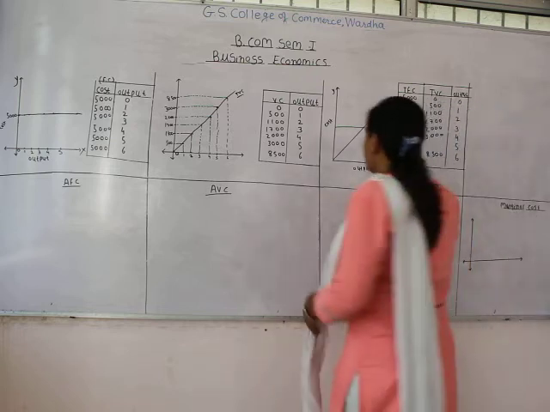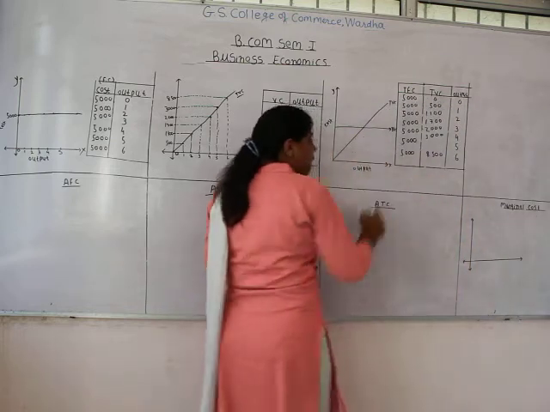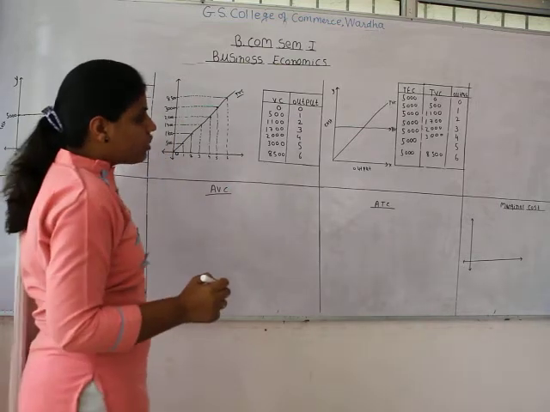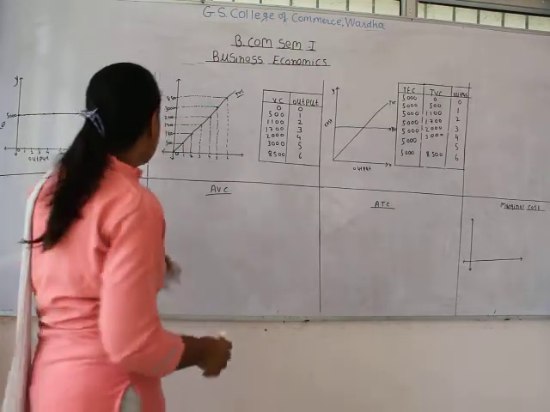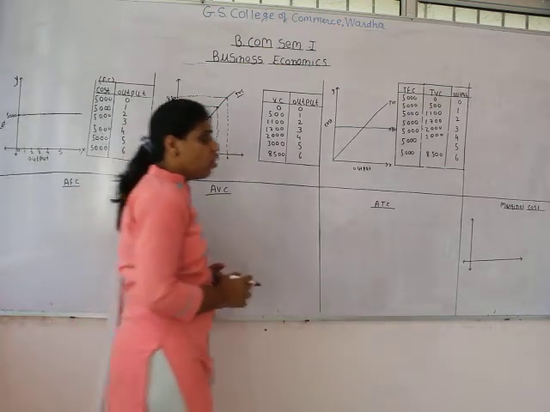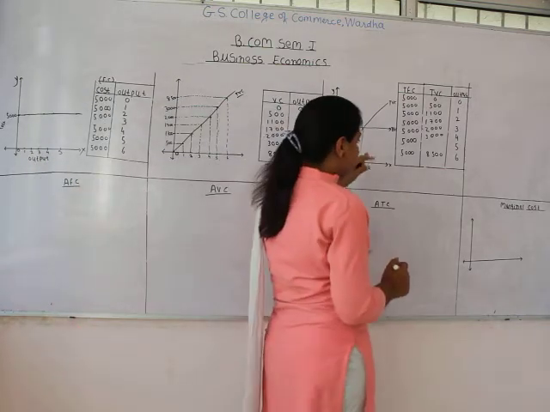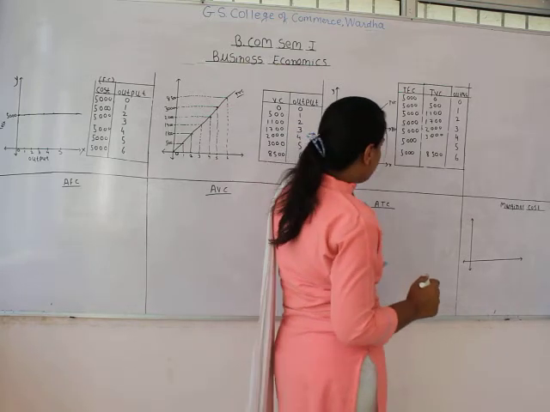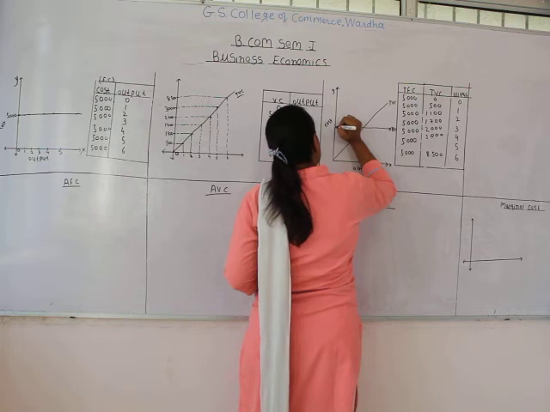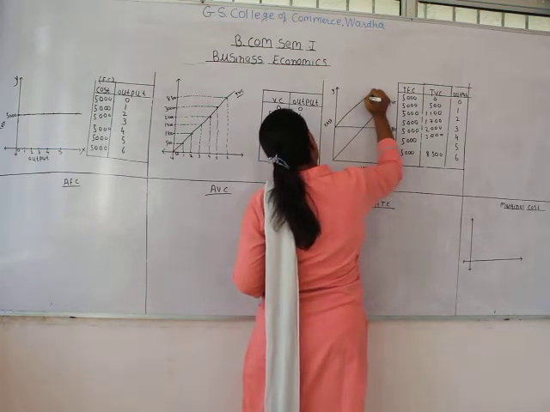See, the total cost curve consists of some portion of total fixed cost and some portion of total variable cost. That is why it can be plotted on the graph like this. It will start from here and slope upward.